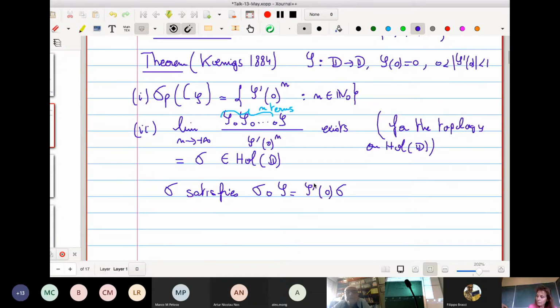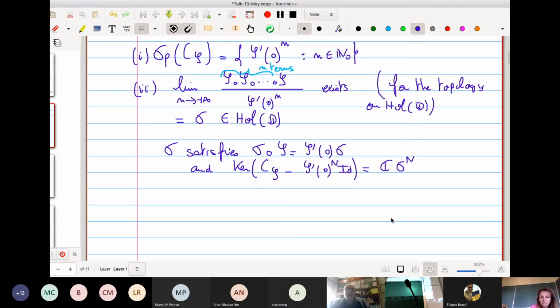And the kernel of C phi minus phi prime at 0 to the n is exactly a one-dimensional space generated by this function sigma to the n.